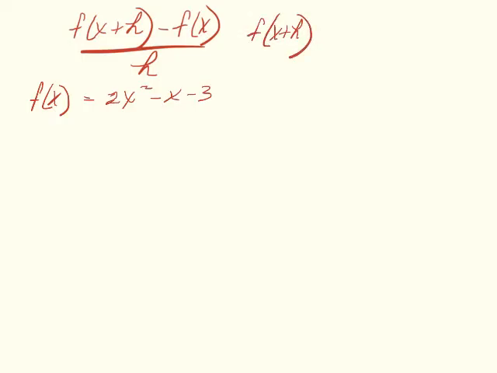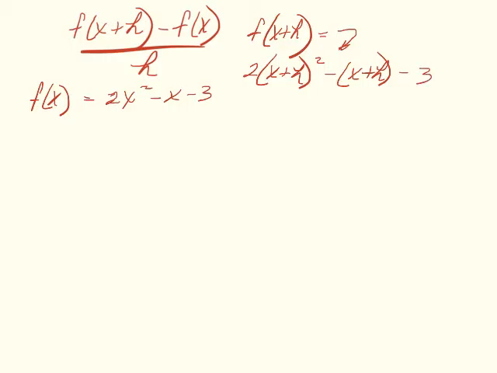I can't do it all in that top row, so let's put it down here. Wherever I see an x, I'm going to put x plus h in its place. That first x is squared, and then I subtract it. Make sure you put parentheses here. It's always a good idea to do that. Minus 3.